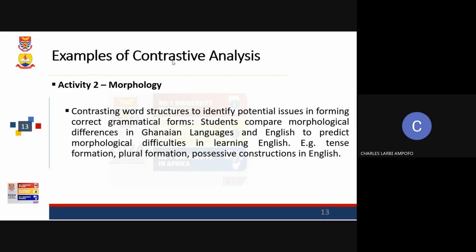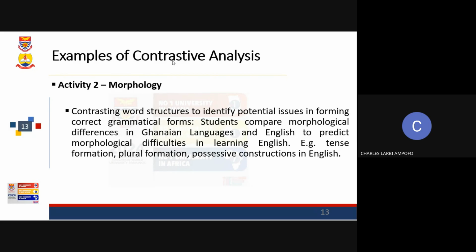If you want to teach that, let's say you are teaching English and we assume a homogeneous group whose L1 is Ga. In terms of morphology, you need to compare the word formation processes.